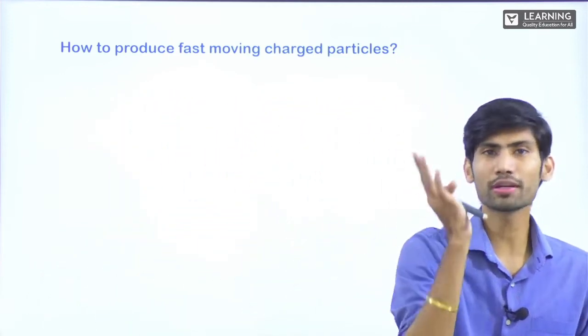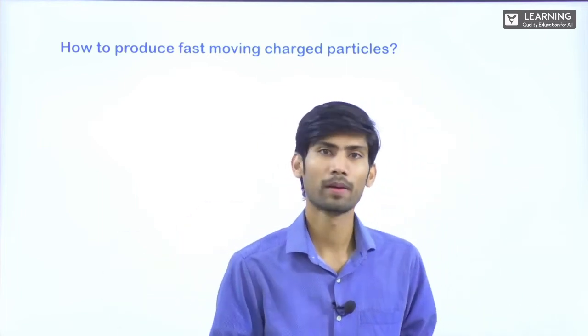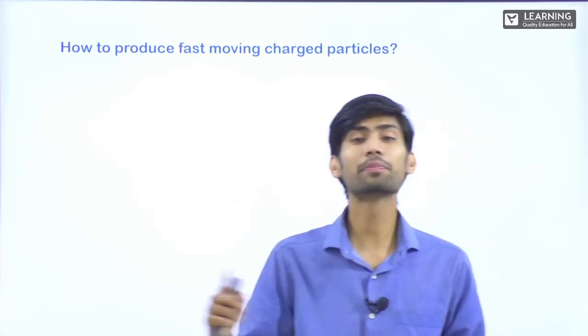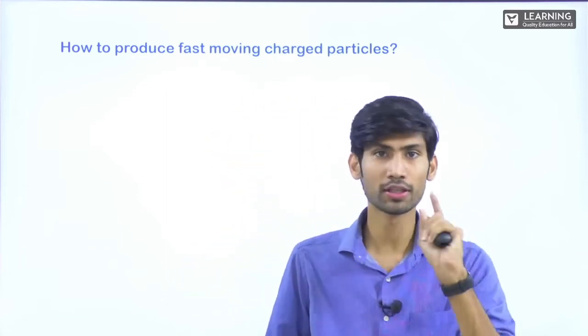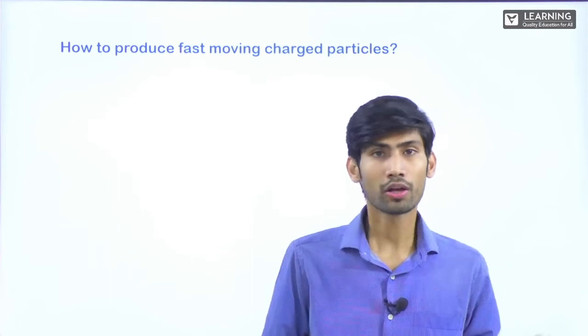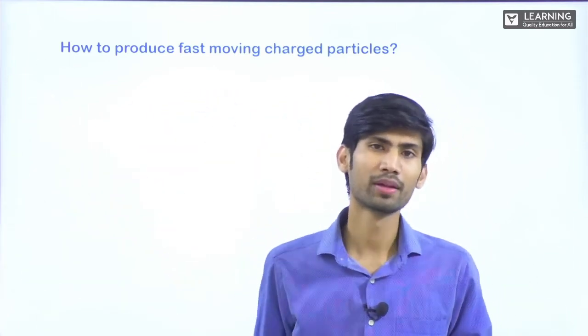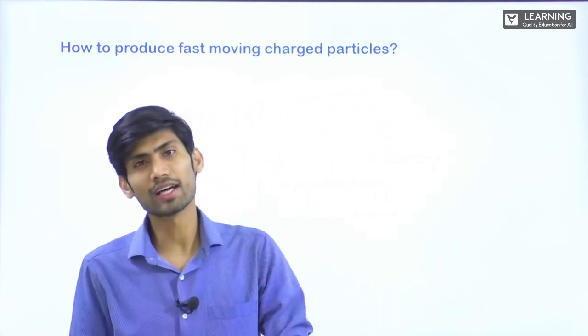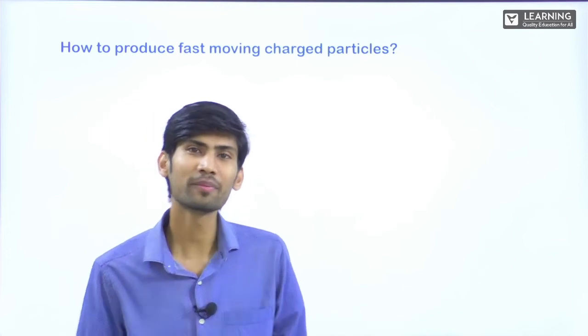If it is going at some angle with the magnetic field, still it will do helical motion with a constant speed. The velocity changes because the direction is changing, but the speed doesn't change. Now we need to accelerate the charged particle to a very high speed. If the charge is in an electric field, will it get accelerated to high speed?